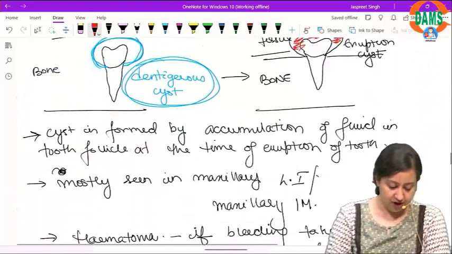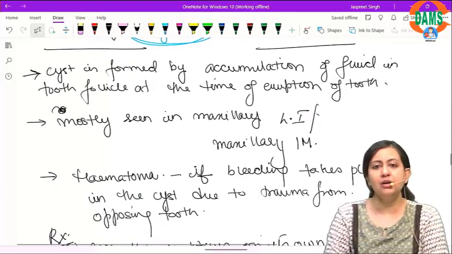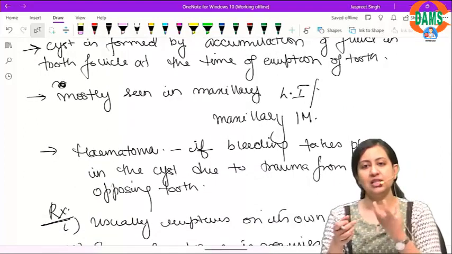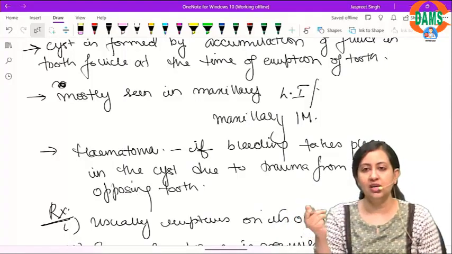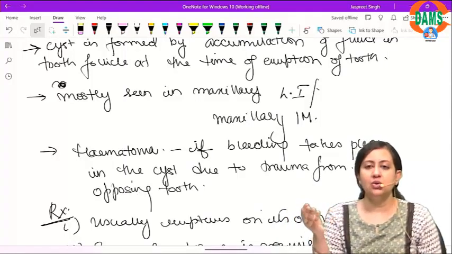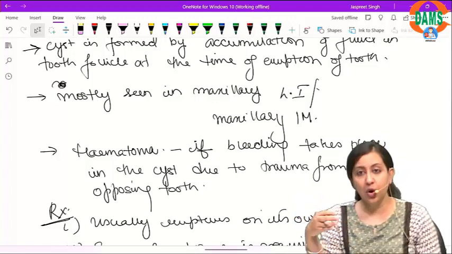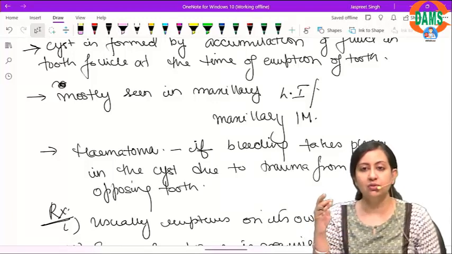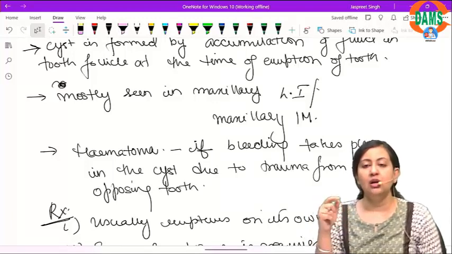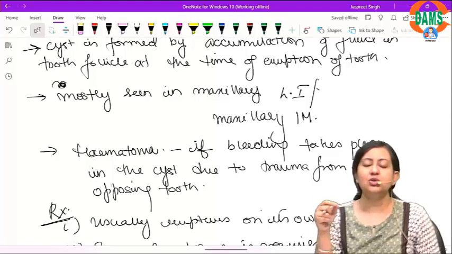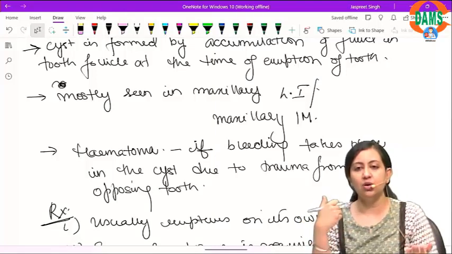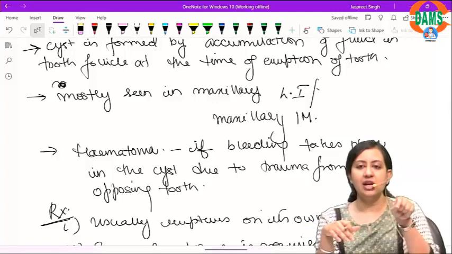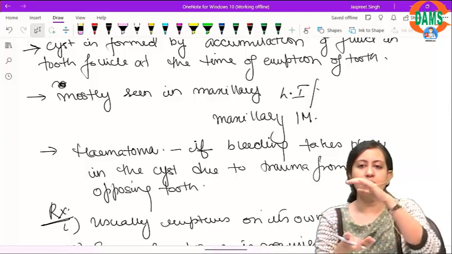So, what is the treatment for it? You sometimes don't need any treatment. जैसे ही दांत अपने आप erupt होगा, cyst rupture हो जाएगा and cyst will go away. Sometimes it is spontaneous, but in case you feel that the eruption is going beyond the chronological age of the involved tooth's eruption, you can create an incision in the soft tissue, open up the contents, evacuate the fluid or the hematoma or the blood, and excise the soft tissue which is causing a hindrance to the tooth.